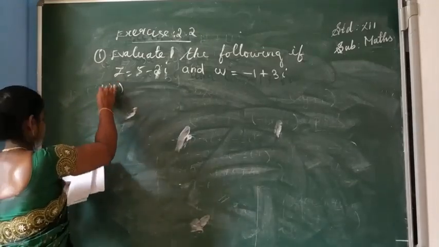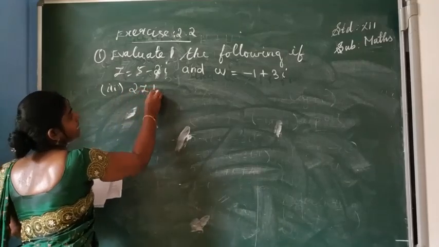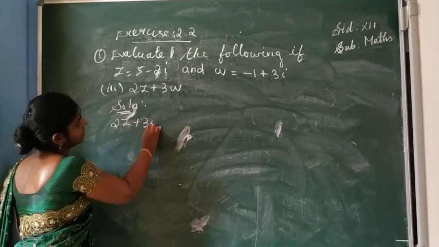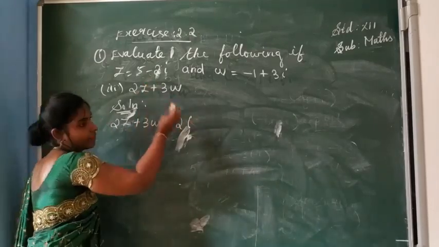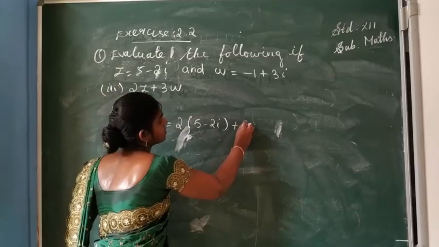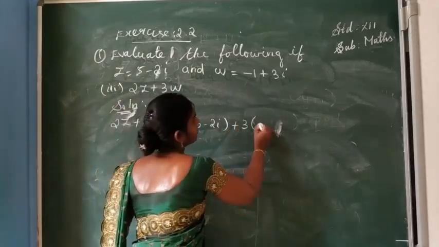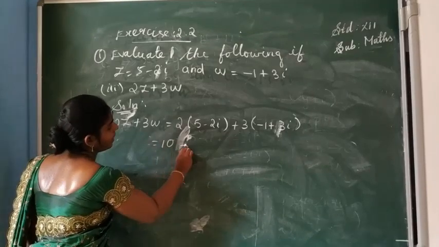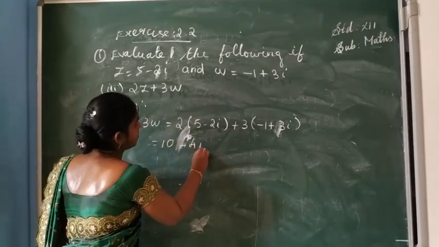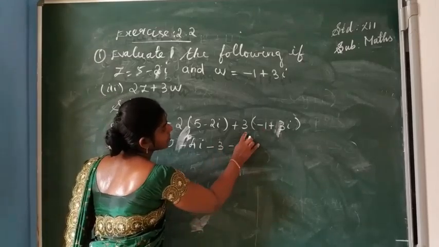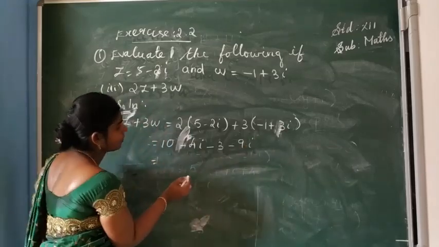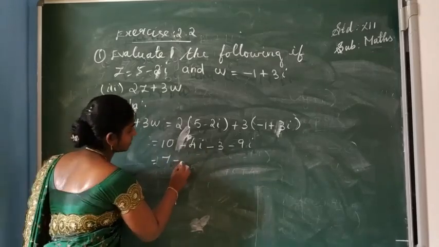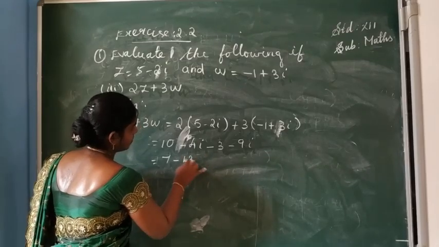Third subdivision, 2z plus 3w. Solution, so 2z plus 3w equal to 2 into z value is 5 minus 2i plus 3 into w value is minus 1 plus 3i equal to, multiply 2 into 5, 10 minus 2 into 2, 4i, minus 3 into 1, 3, plus 3 into 3, 9i, equal to 10 minus 3, the value is 7, and minus 4i plus 9i, the value is 5i.